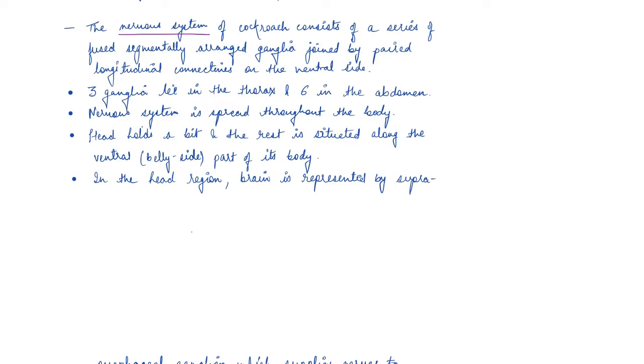So what does it mean exactly? It means that the entire nervous system is spread throughout the body, right? The head region holds a bit of it and the rest is situated in the belly part, right?